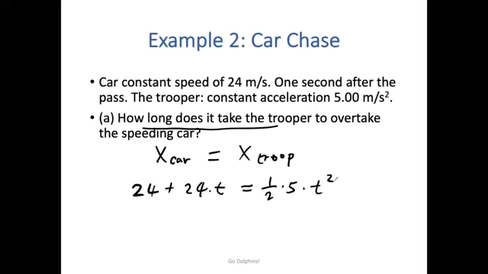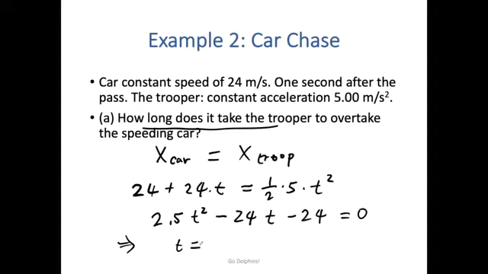This is going to give us a quadratic equation: 2.5 t squared subtract 24 t subtract 24 equals 0. Now the catch is here. We indeed need to solve a quadratic equation to find the t.